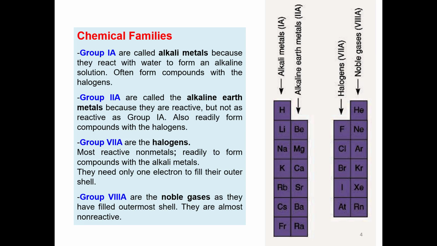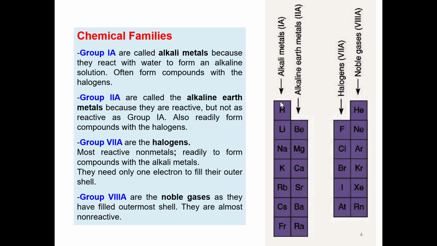For example, group 1A is called the alkali metals because they react with water to form alkaline solutions. The elements in this group, in order to be stable, meaning to have an electronic configuration similar to the noble gases, react with group 7, the halogens.